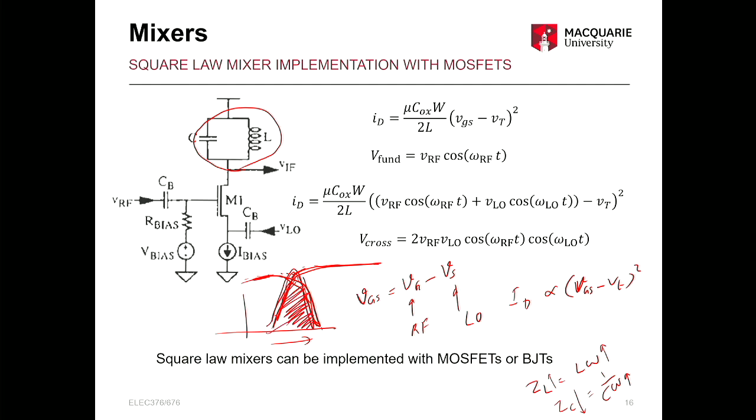Any frequency above or below that particular frequency gets blocked, and everything else gets passed. The frequency, which is again out of scope, is 1 by 2 pi root LC. By changing the value of L and C, you can choose what center frequency you want this to operate at. Okay.